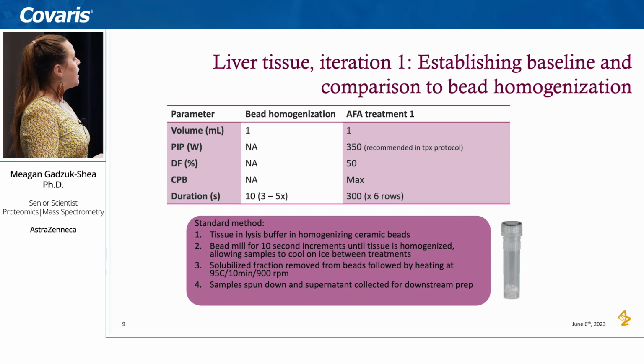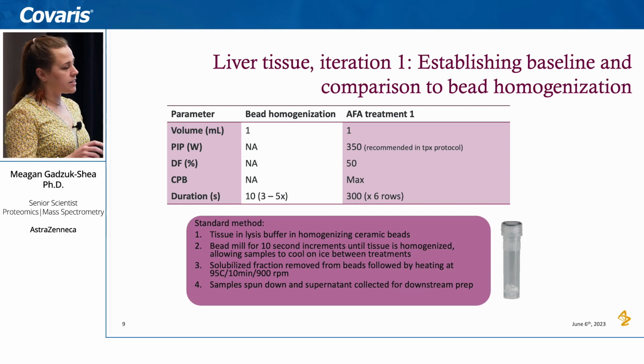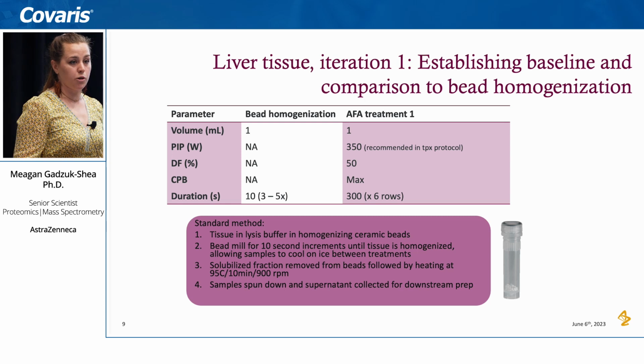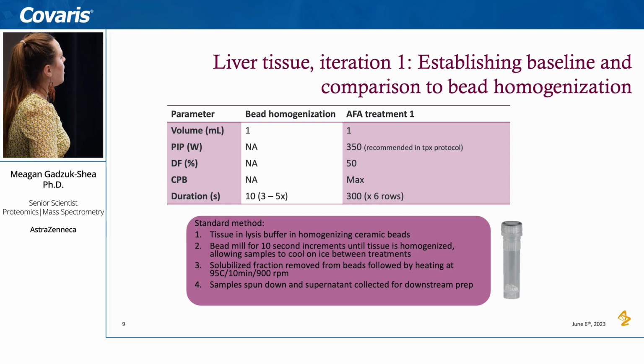And then just so you know what our reference or comparison point is with the bead homogenization process. This is not meant to be representative of everybody's workflow. This is just what we have done in our lab.